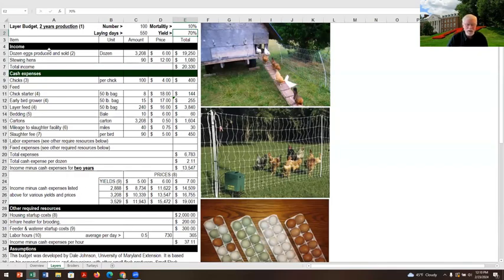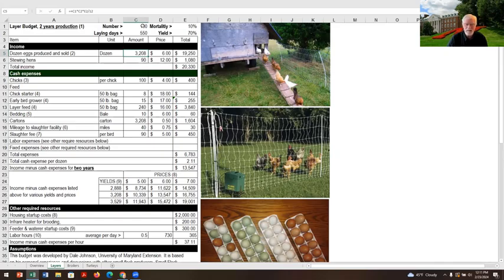All right. Well, the primary income here is I'm selling eggs, and the unit is a dozen. That's usually the unit we sell eggs in. And so how many dozen am I going to sell? Well, in my enterprise budget here, I have it set up so I'm going to sell 100 times 550 days times 70% divided by 12.